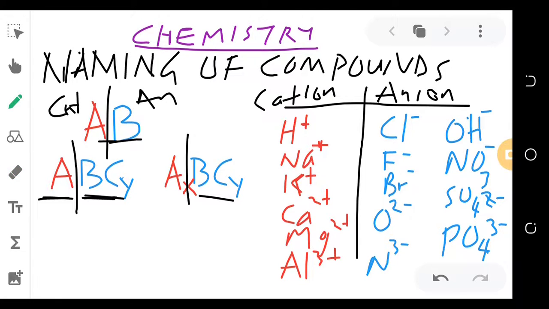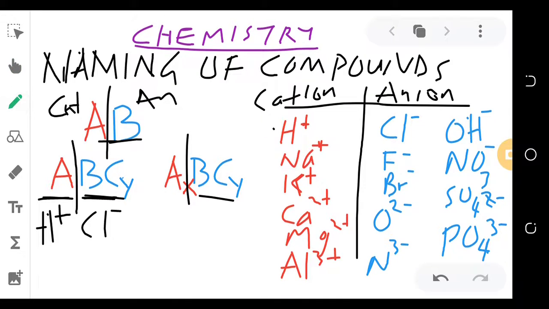So let's pick the first. Let's look at some examples, picking hydrogen ion, and let's pick chloride ion. So in this case, you have positive one and negative one. Because they are equal and opposite, they will cancel out.